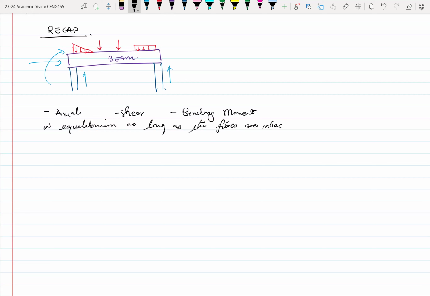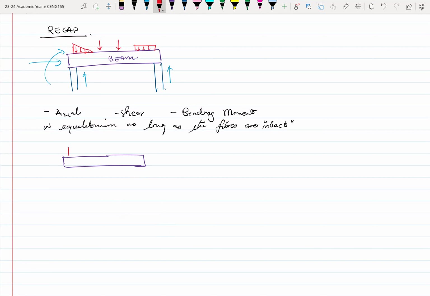So let me use the word intact for now altogether, all right? So the moment you take the same beam, okay, if you take the same beam as I have above and I cut a section through it, what is going to happen?